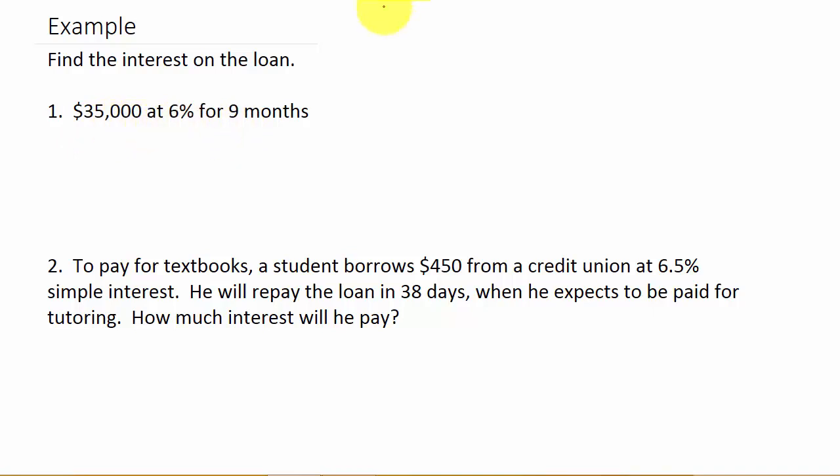Remember, we have I is equal to P times R times T. So in this problem, P, that's the principal, the amount of money, is $35,000. R is your interest rate, that's 6%, but when we write R, we write it as a decimal, so that would be 0.06.